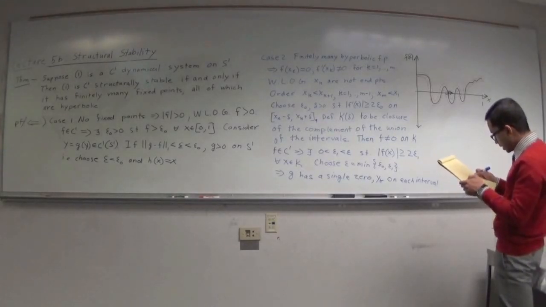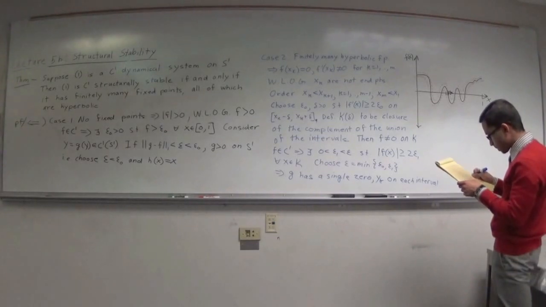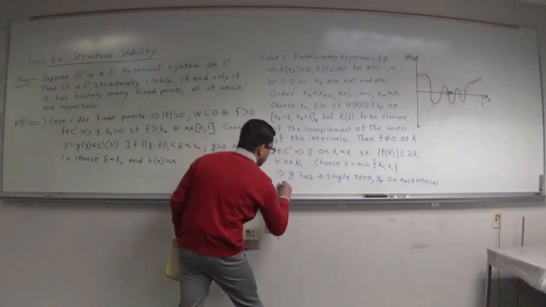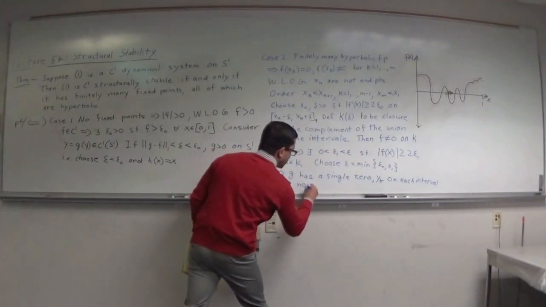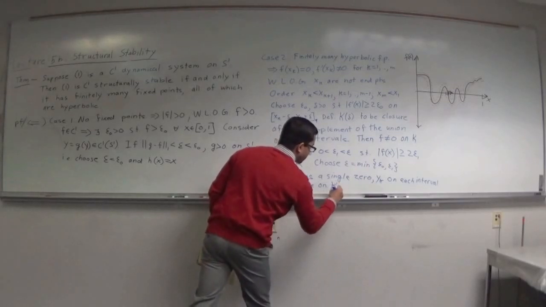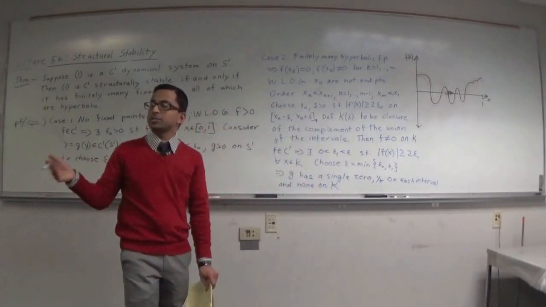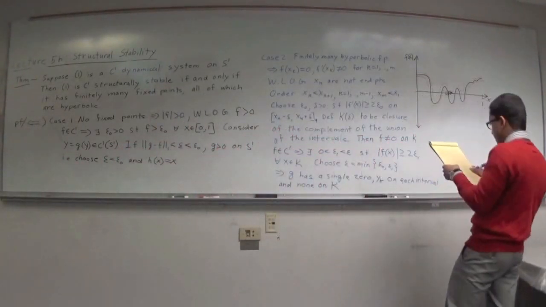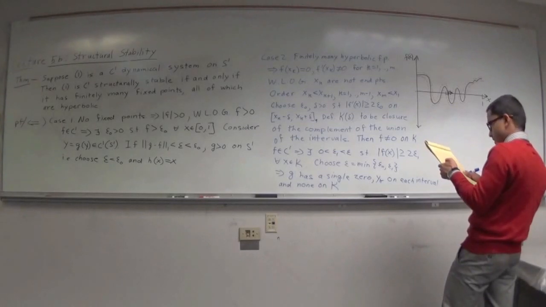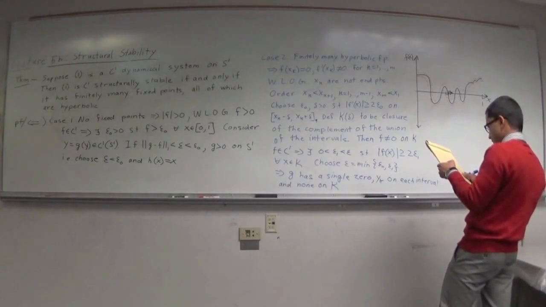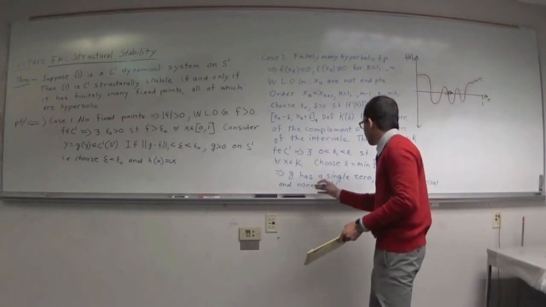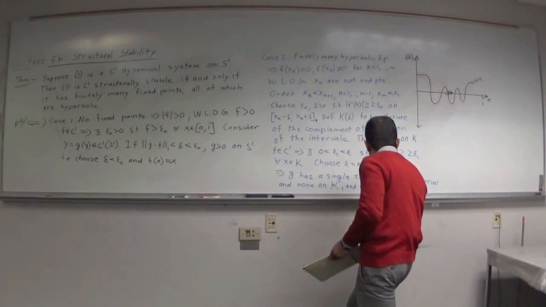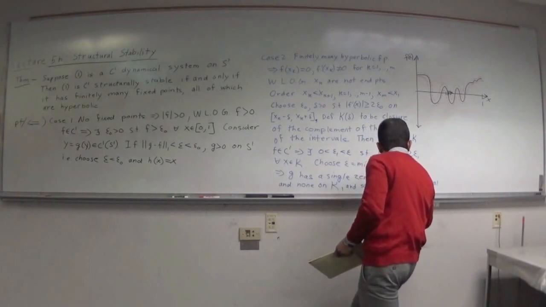So we have y_k on each of these intervals and none on kappa, and g has the same sign as f on the intervals.